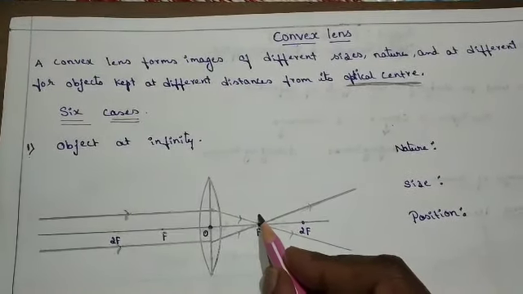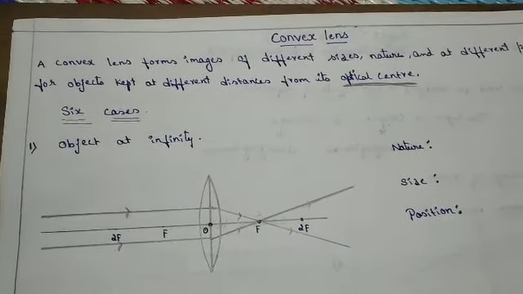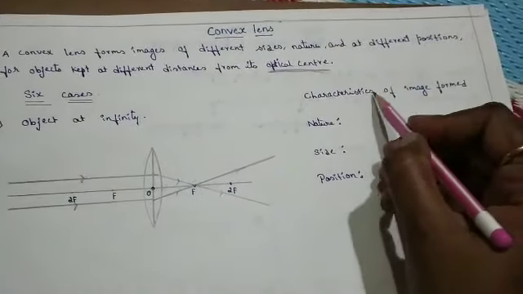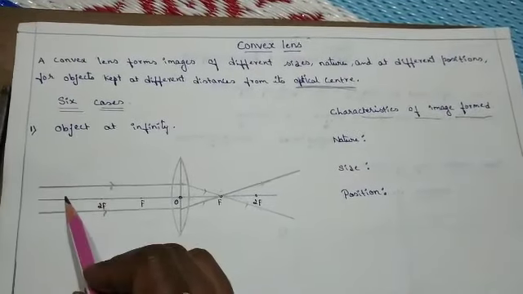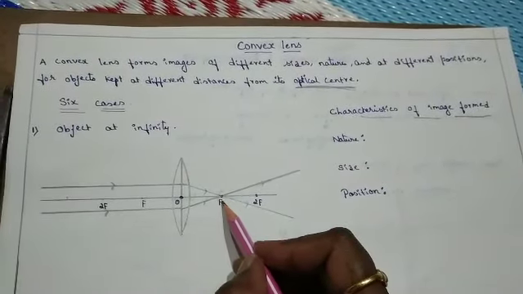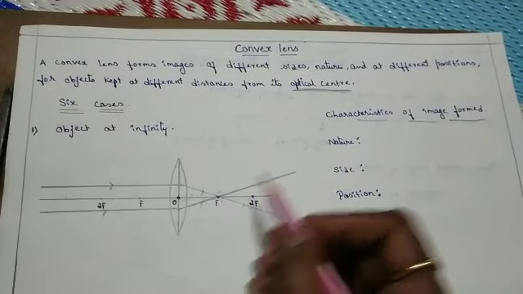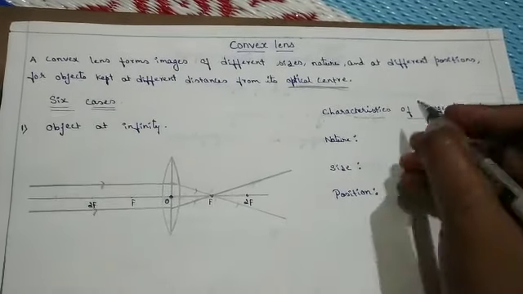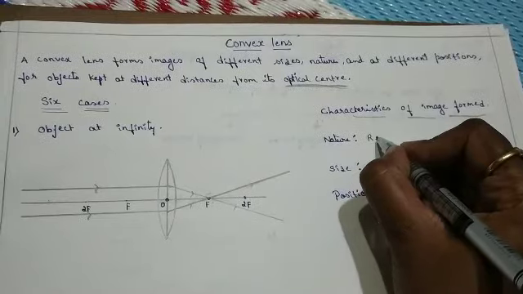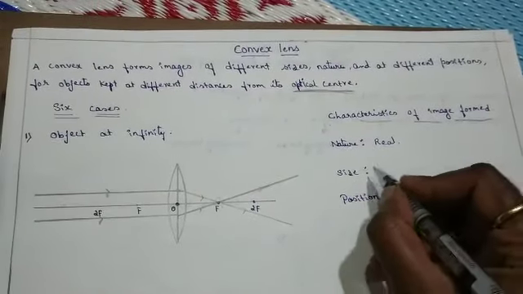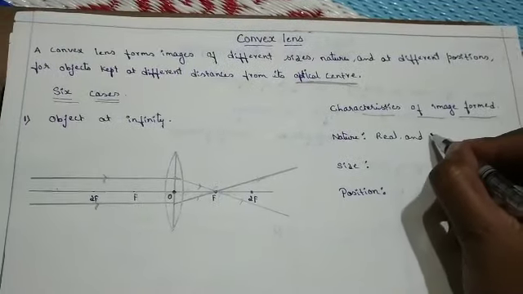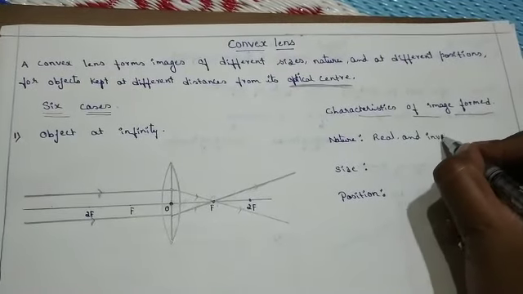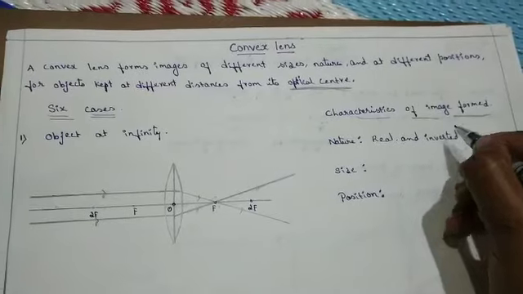So here we can write the characteristics of the image formed. Wherever the object is kept, the image is formed at the focus. So the nature becomes real and inverted.